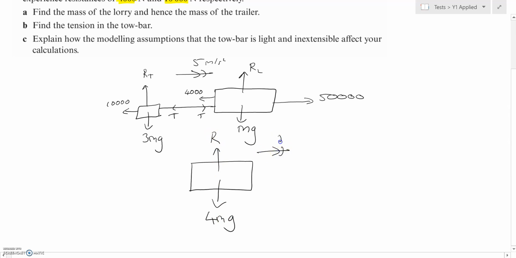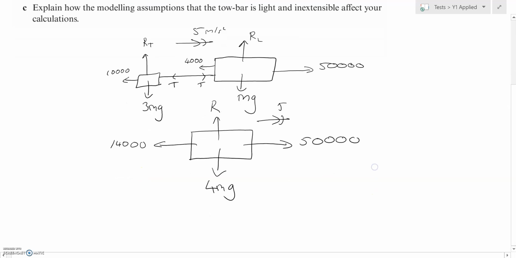It's accelerating at 5 meters per second squared, and the T's are going to cancel out. So one T is going to the right, one T is going to the left. We've got a forward force of 50,000 newtons and a backward force of 14,000 newtons. And so if you do it this way, then the only unknown that we have is m.